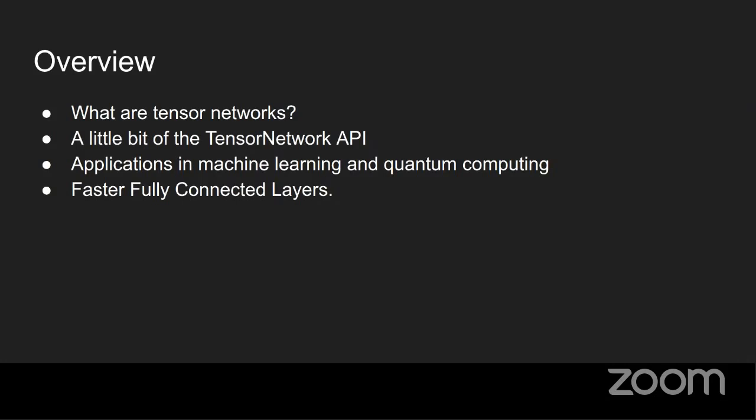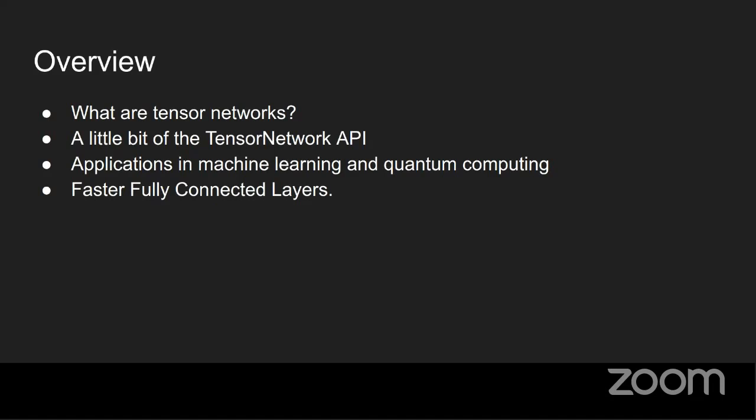Great. So with that little taste of a demo of things to get excited about, this is basically what the presentation is going to be. The first thing I'm going to do is talk about, what the heck are tensor networks? What do they actually represent? Then I'm going to go into a little bit of the tensor network library, the API, and how to use that to build your own tensor networks that you can run for your own machine learning models.